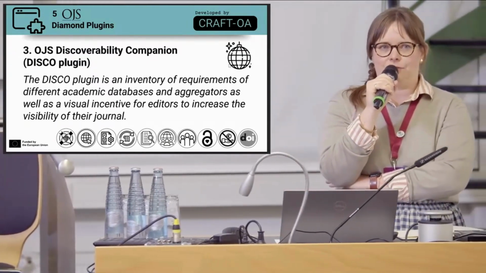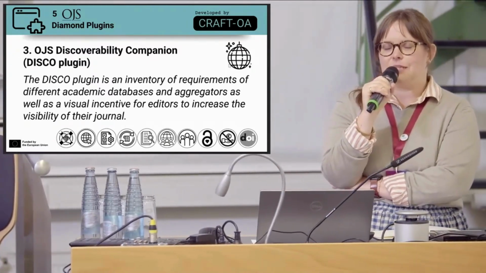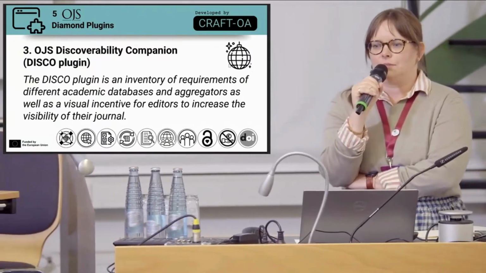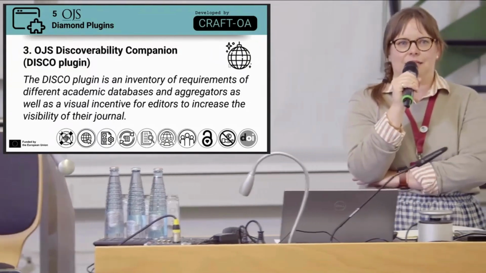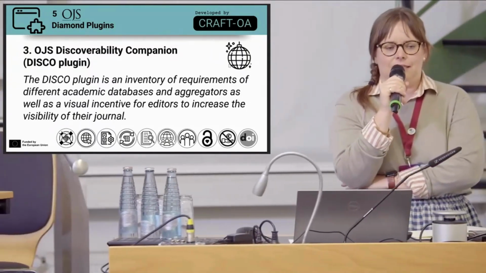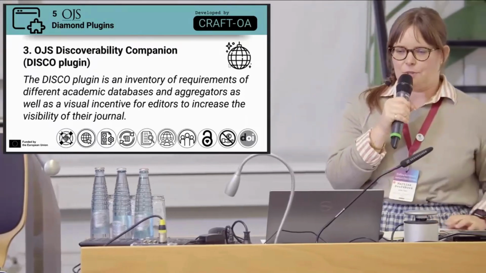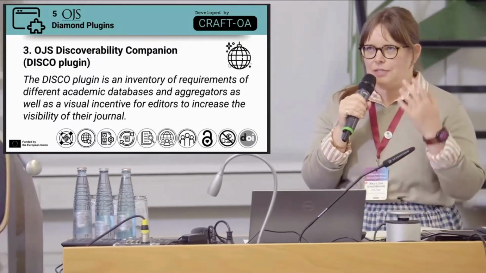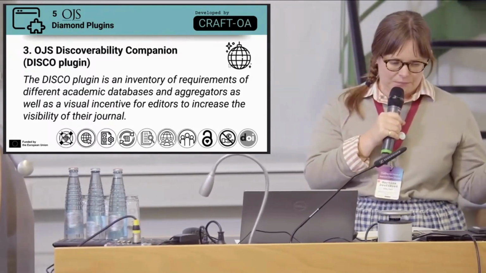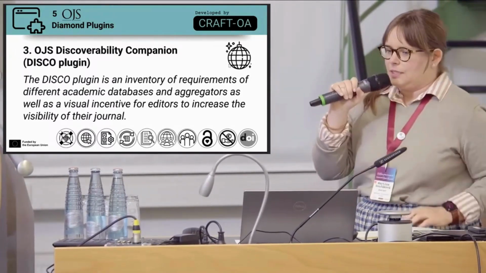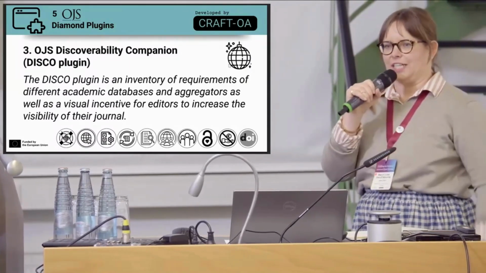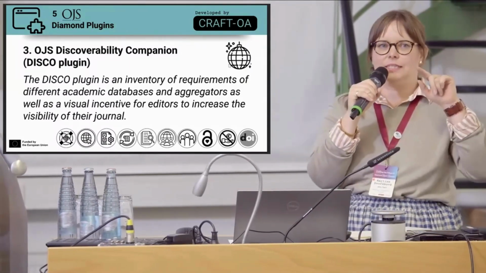So it might be confusing, especially in the situation that, as I mentioned before, managing a journal is not your main task and you are supposed to do a lot more things. And so you don't have enough time or energy to try to understand all the requirements of all the scholarly indexes. What Disco does is basically a long checklist with little tick boxes.